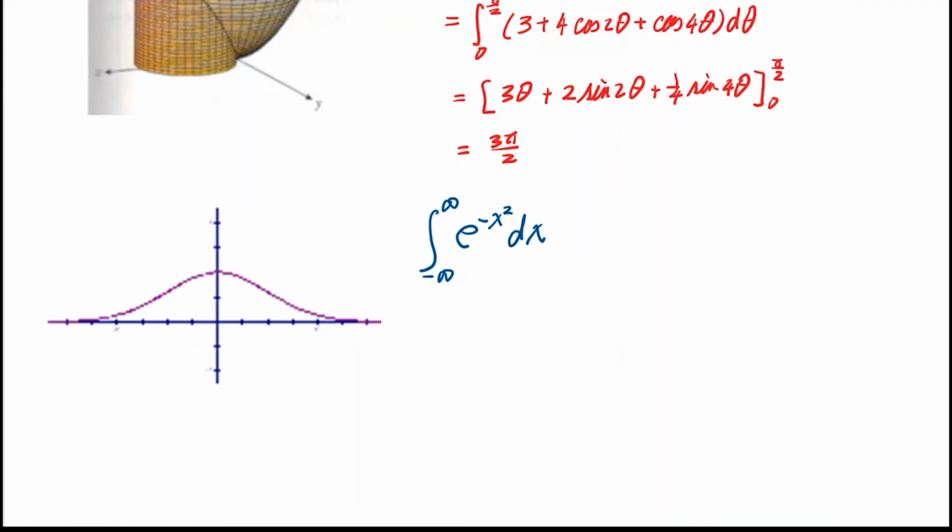At least I don't know what that antiderivative is. What? Without even knowing the antiderivative, how can we evaluate that integral? And this is infinity to infinity. That's a daunting task now, isn't it? Yes, it is. Okay, let's get to this.